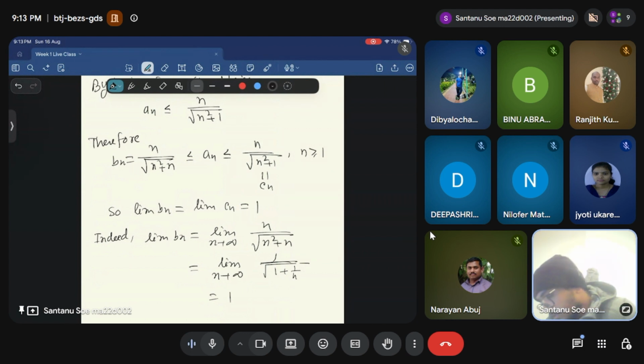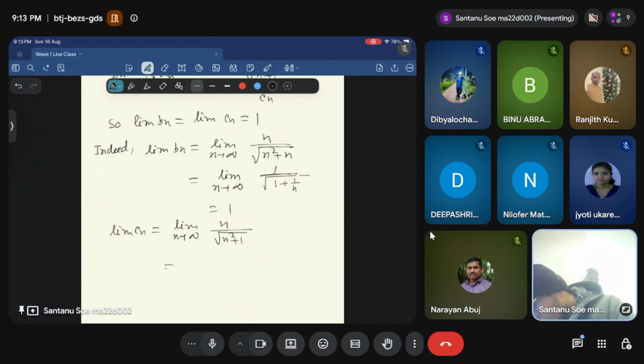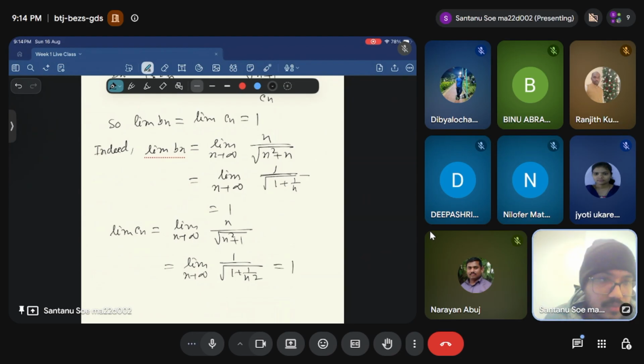So this is 1. And for limit of cn, this will be n divided by square root of n squared plus 1. This will be limit as n tends to infinity of 1 divided by square root of 1 plus 1 by n square. And this limit is also 1.